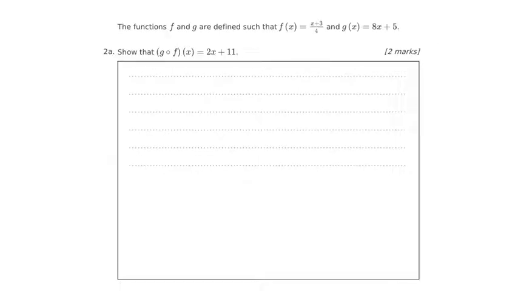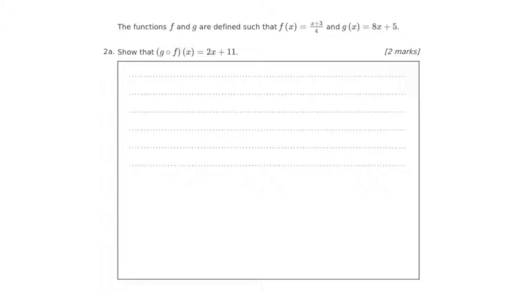We're told that f of x is equal to x plus 3 over 4 and g of x is 8x plus 5. Show that g of f of x is 2x plus 11. We do f of x first, followed by g of x. So we substitute f of x into g of x.